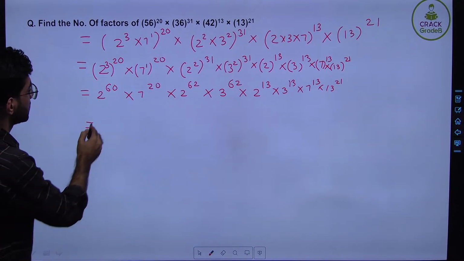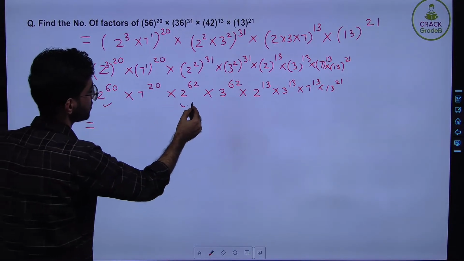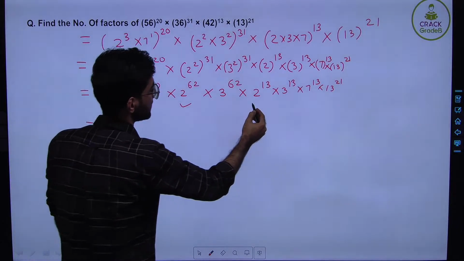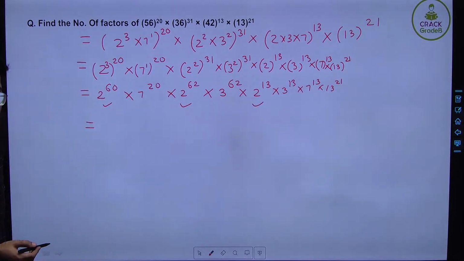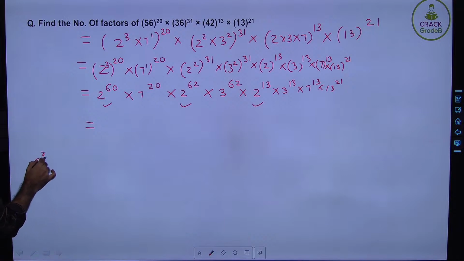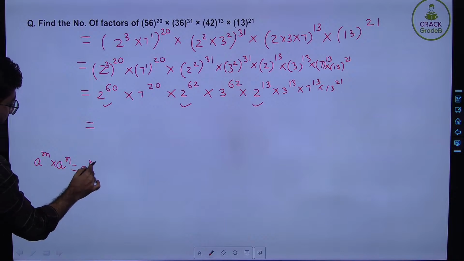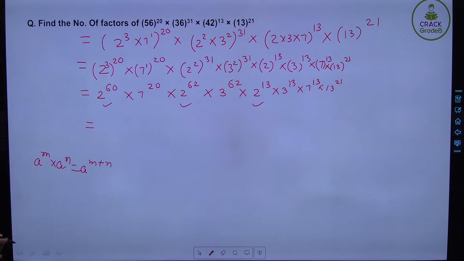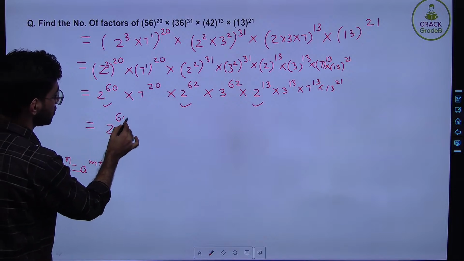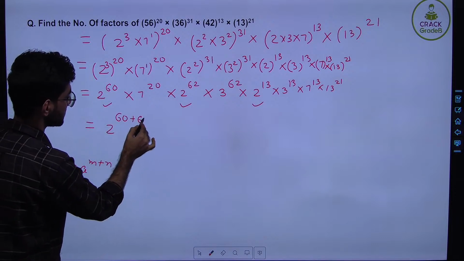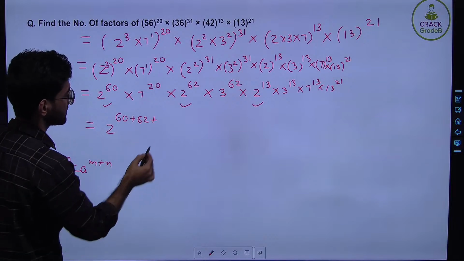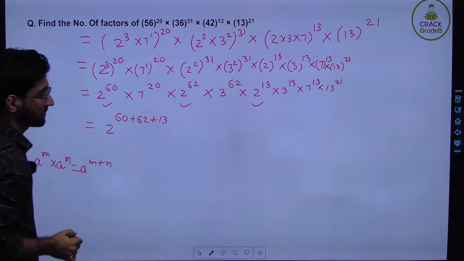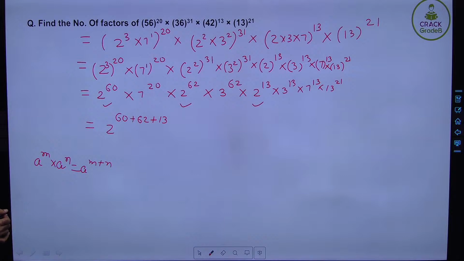Now 2 to the power 60 into 2 to the power 62 into 2 to the power 13, right? Do you know this formula? a to the power m into a to the power n equals a to the power m plus n, right? Means we can write it as 2 to the power 60 plus 62 plus 13, right?